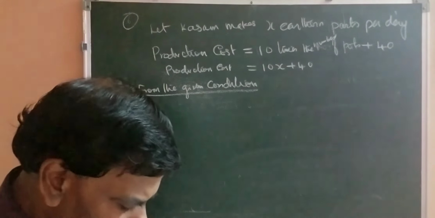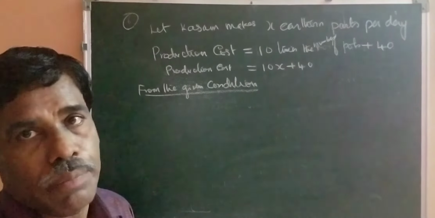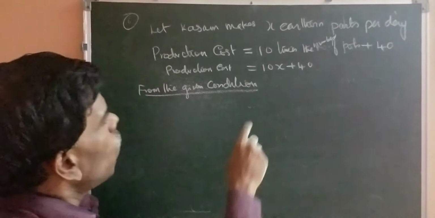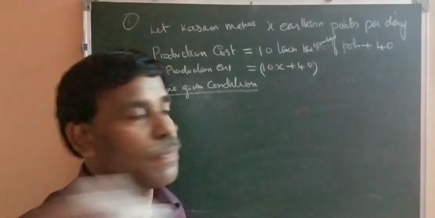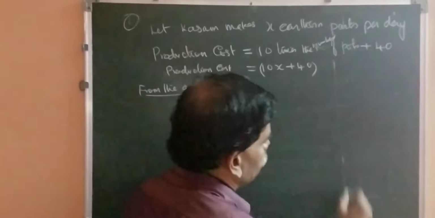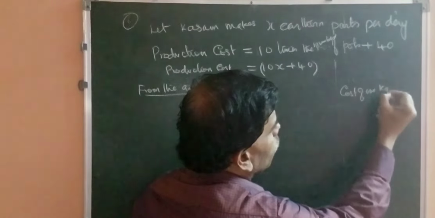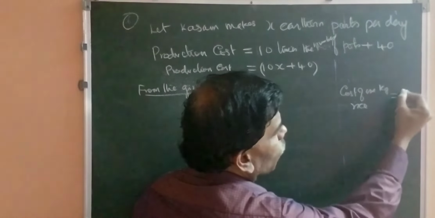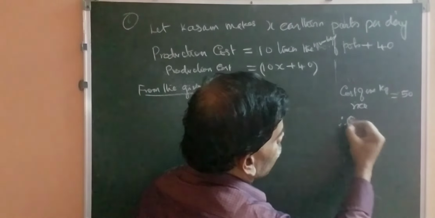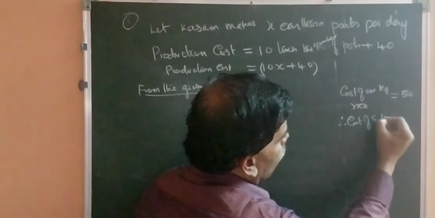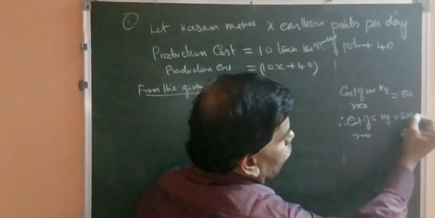If the production cost of all pots per day is 600, now you tell me what is the cost of one pot: 10x plus 40. Now you tell me, the cost of 1 kg rice is 50 rupees. Therefore, what is the cost of 5 kg rice? What will you do? 5 into 50.